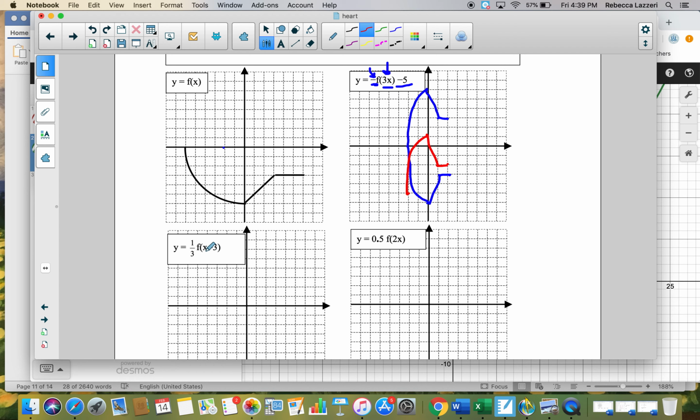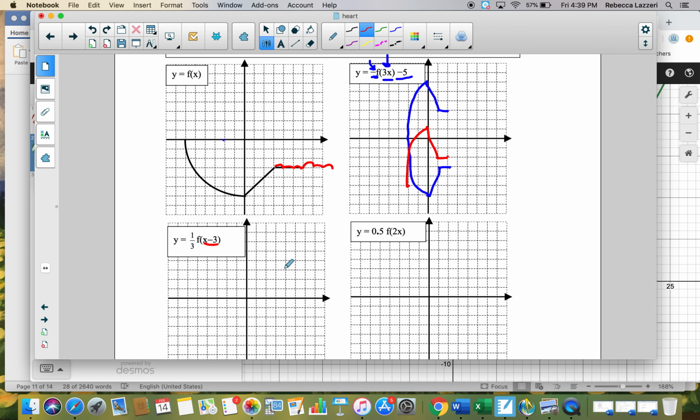Alright, this one, inside the parentheses, is a -3, so it's going to slide this whole graph across 3. This one's going to go over 1, 2, 3. This one's going to go over 1, 2, 3. It's going to kind of go off the screen.